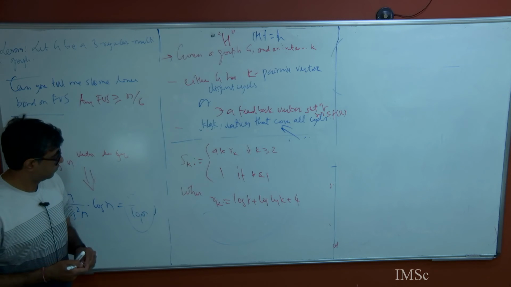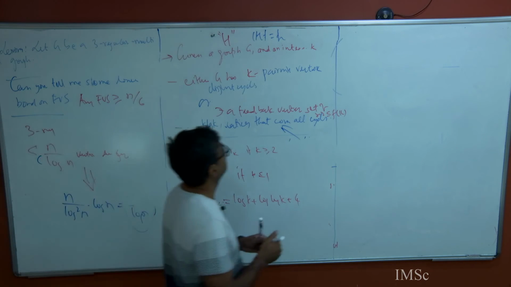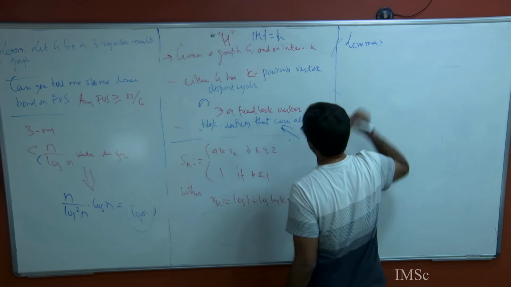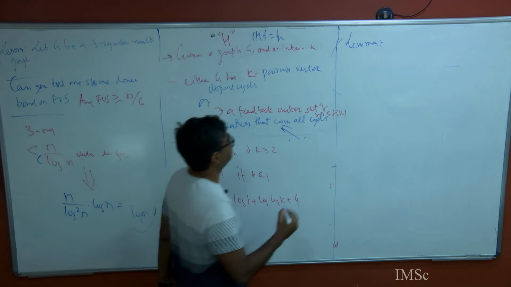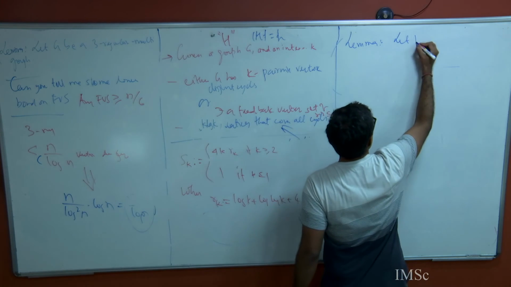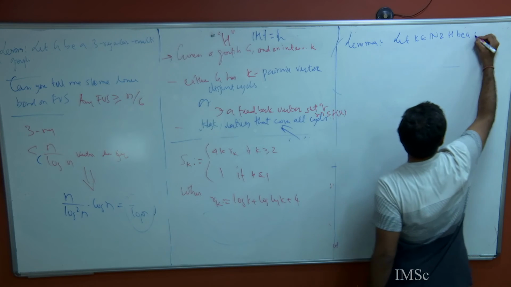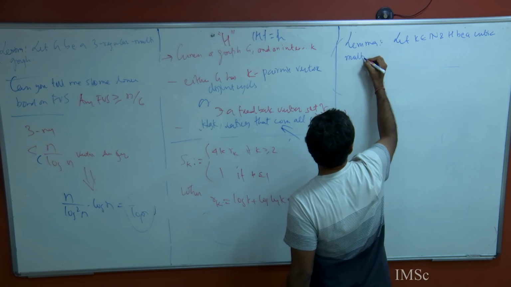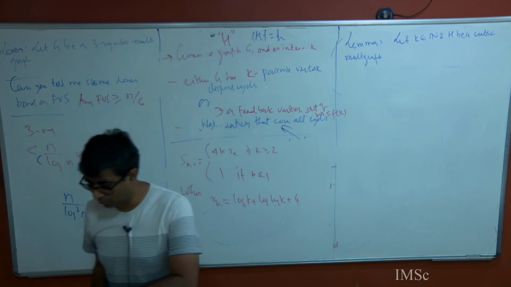Okay, is that fine? So the lemma I'm going to prove to you is the following. Let k be a natural number and H be a cubic multigraph, or cubic 3-regular multigraph, whatever you want to call it.